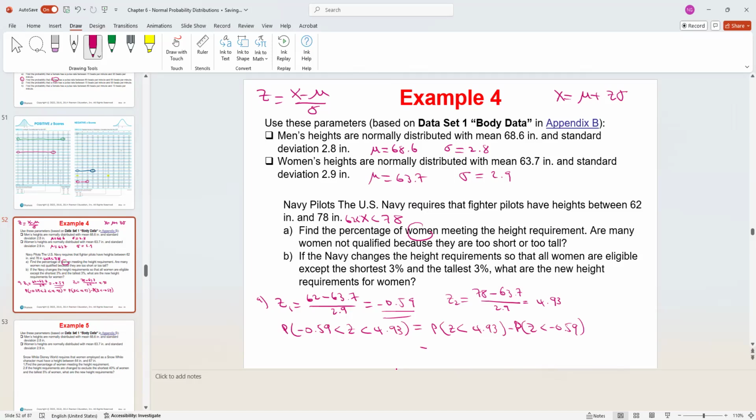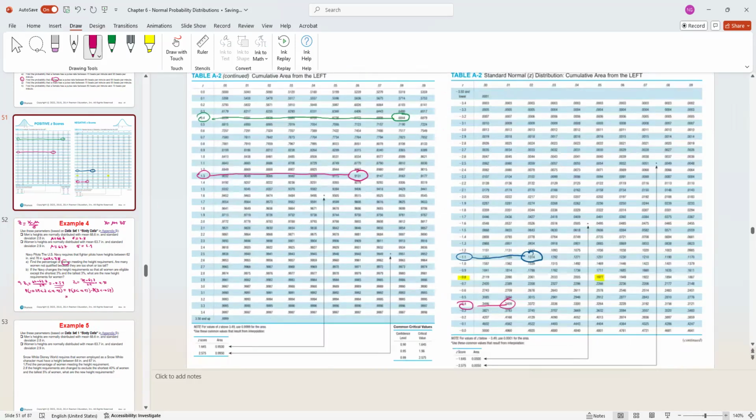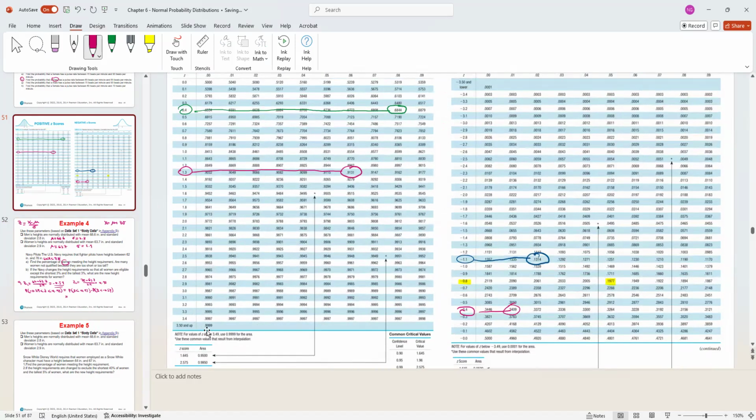So, very important. If you look at these tables, you don't have 4.93. You see, we go all the way to 3 point something. But the good news, we said if you get anything greater than that, it is 0.9999.